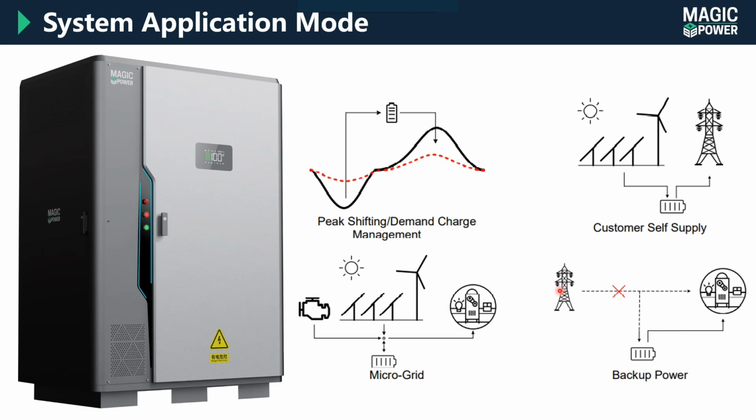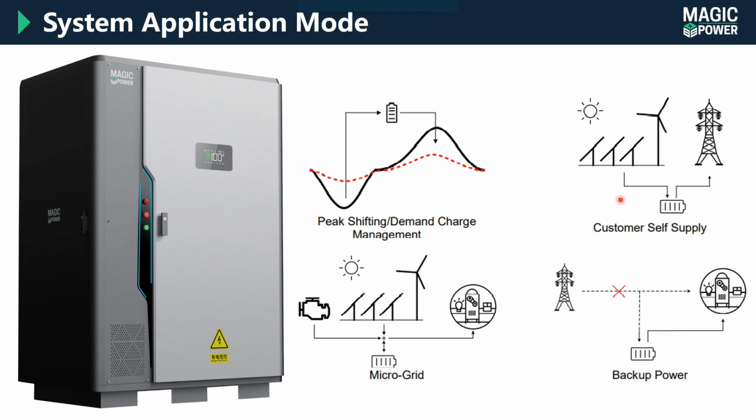If we look at the application modes of the system, the first one is peak shifting or demand charge management. Basically, these are used to reduce energy cost by storing power during low demand periods and using it during peak times.